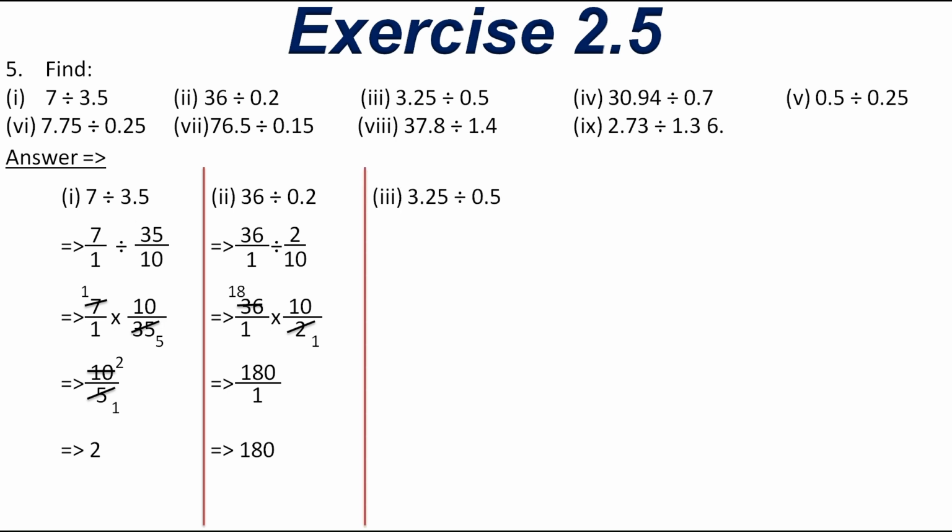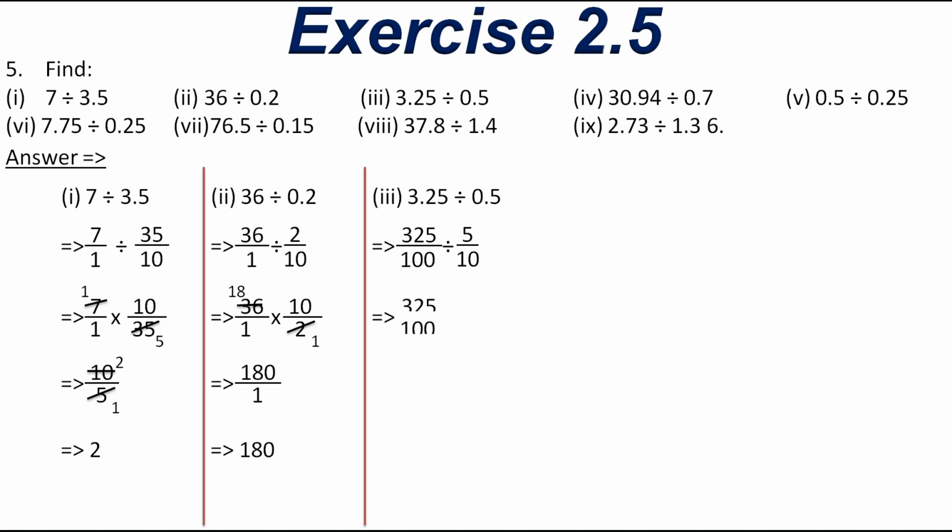Third one we have 3.25 divided by 0.5. Now here 3.25 can be written as 325 upon 100 and 0.5 can be written as 5 upon 10. So the next step is we have to write the reciprocal of the second number, and change the sign of division to multiplication.